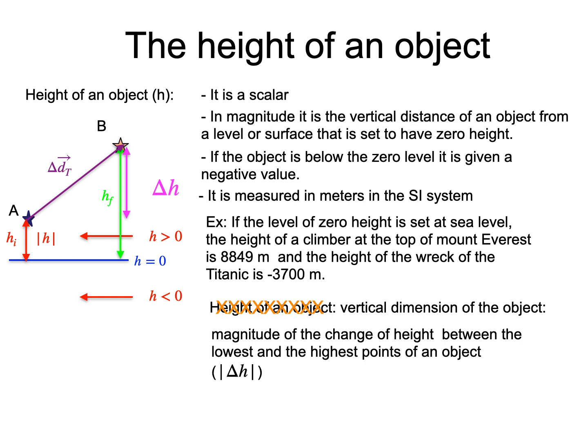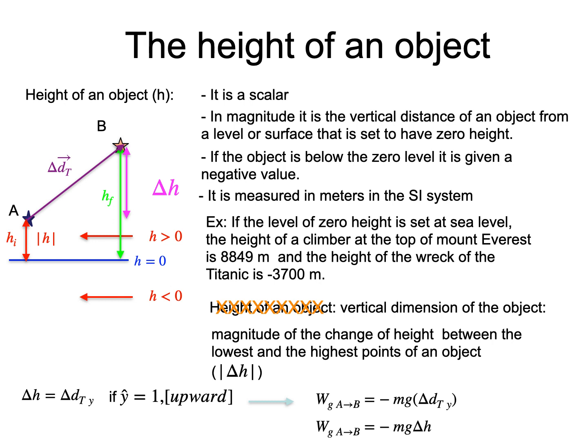As you can see from the drawing, the change in height is the same value as the y component of the total displacement, but only if the y components are associated with an upward y hat. This choice for the y hat was used in the discussion about how to estimate the work done by the gravitational force. So delta h can replace delta d total y.